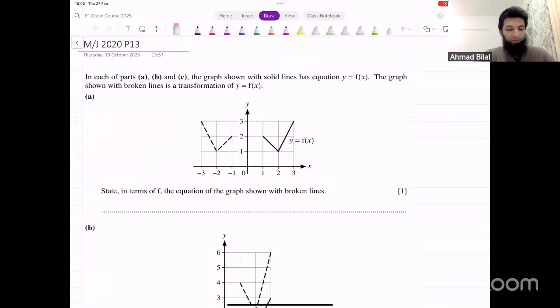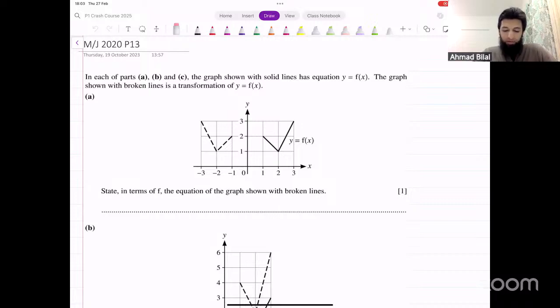Take a minute, have a look at this, and think of what we can do now. In each of parts A, B, and C, the graph shown with solid lines has equation y equals f of x. The graph shown with broken lines is the transformation of y equals f of x.